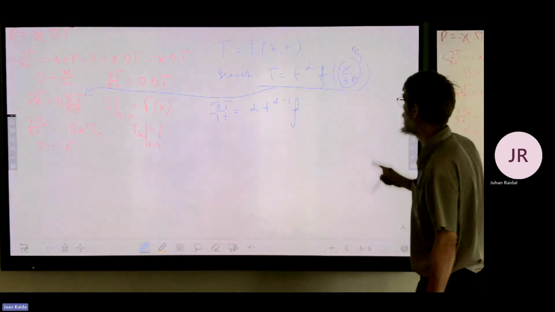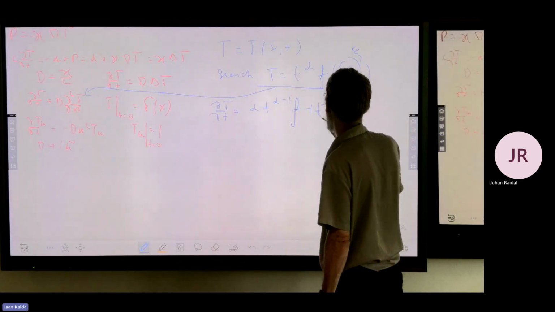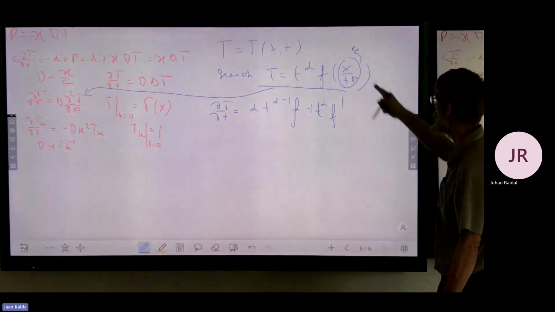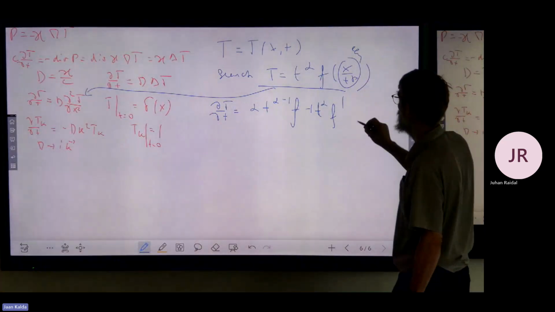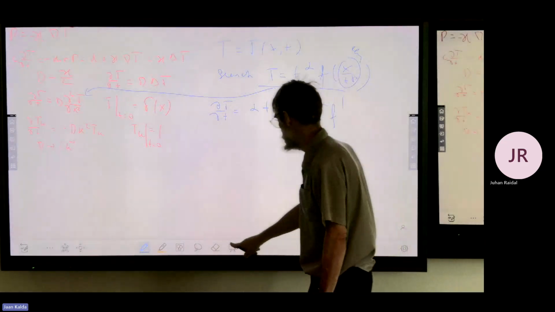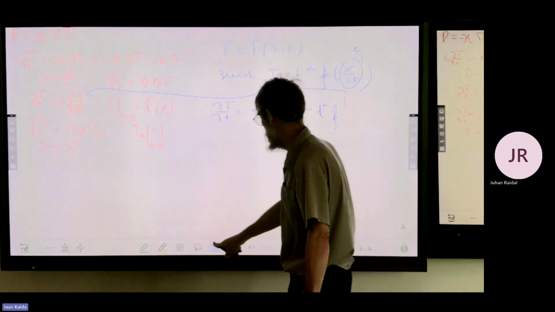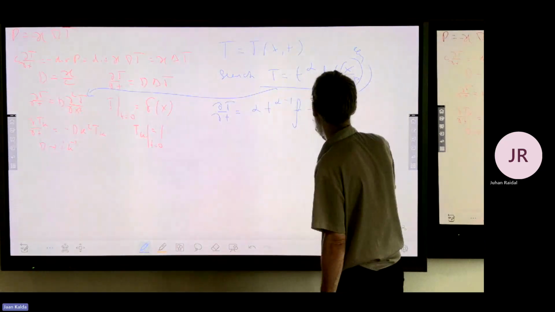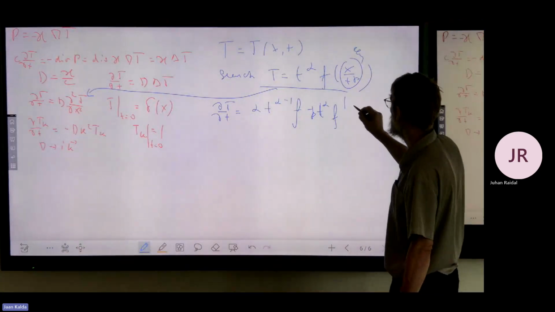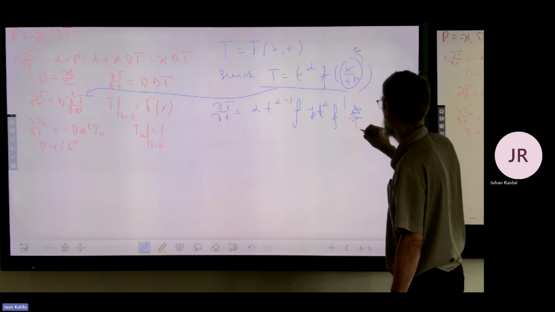And then we have the derivative of f, f prime, and the derivative of psi, which becomes negative because we have minus beta, so minus beta times x over t, that is psi over t.